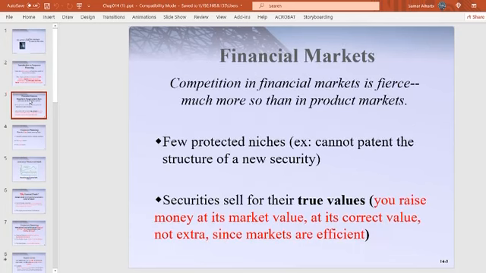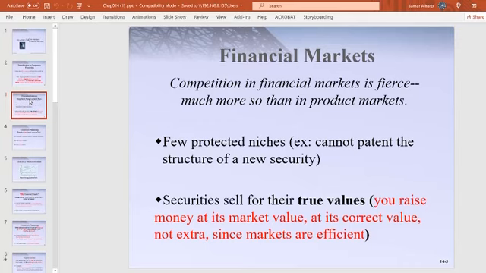Okay, let's start with this slide. In general, when we say financial markets, this is where we sell stocks or shares. The competition in the financial market is very high. It's actually higher than the competition in the product market. Why? Because normally for a product market you have a patent, right? I mean, when you design a new product you have a patent.